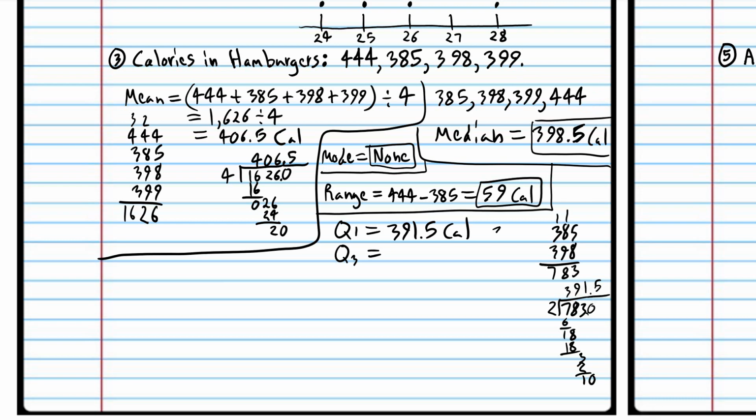So that's 399 plus 444. And we get 843. Then we have to divide by 2. And we get 421.5.